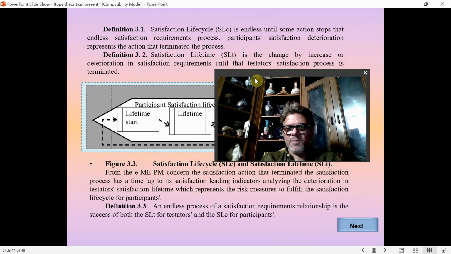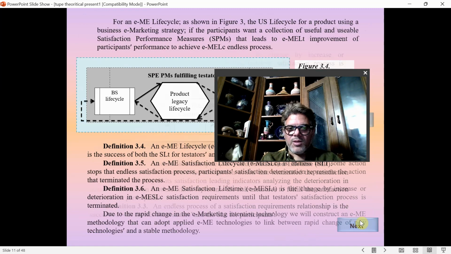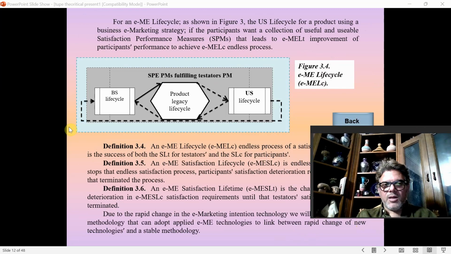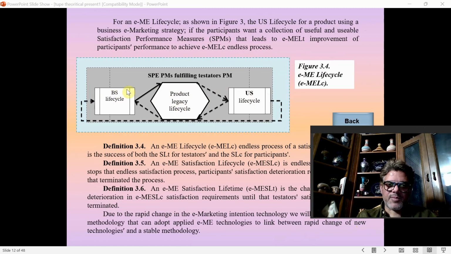In this case, we are talking the other way around. So the BSC life cycle is the upper half from the business satisfaction to the user satisfaction. But the software takes the product inside the business. The product is not between the user satisfaction and the business satisfaction.